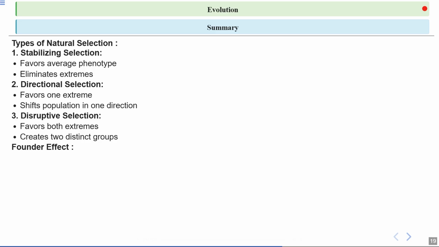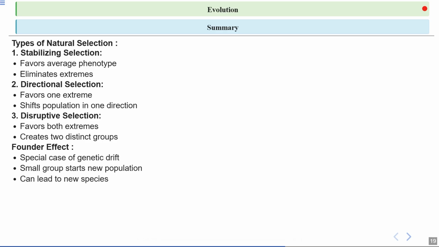We also talk about the founder effect. It is a special case of genetic drift only. Clear? Now, a small group starts a new population. These individuals migrate to a new area and are known as founders.